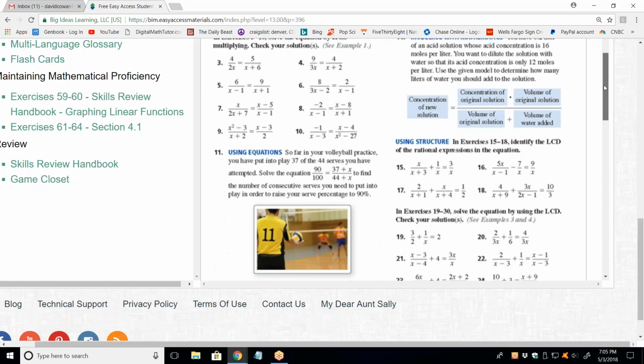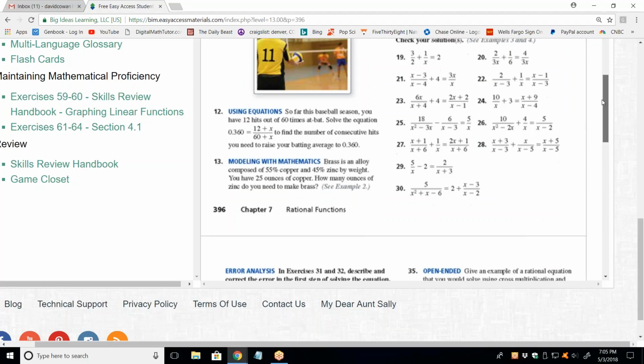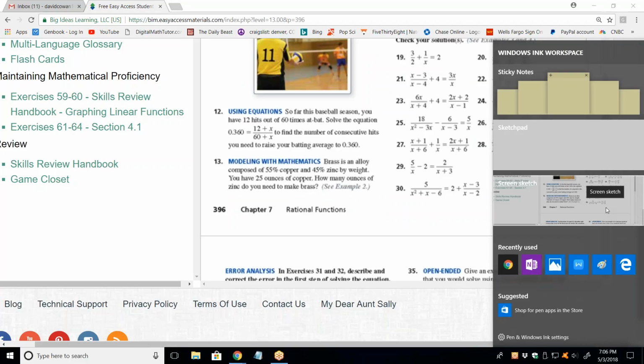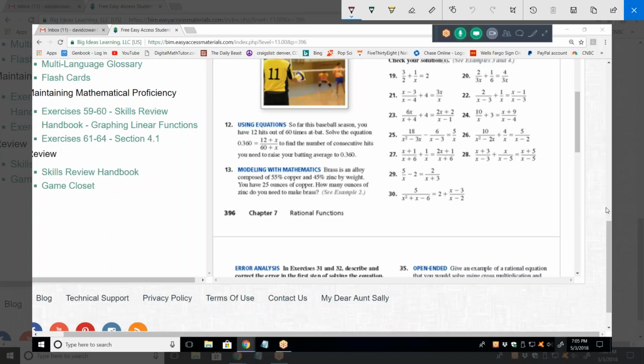Let me show you what I mean, because I still think this is the best way to do it. If you can get rid of all denominators in one step, do so. Well, what do I got to multiply the left side by to get rid of all denominators?